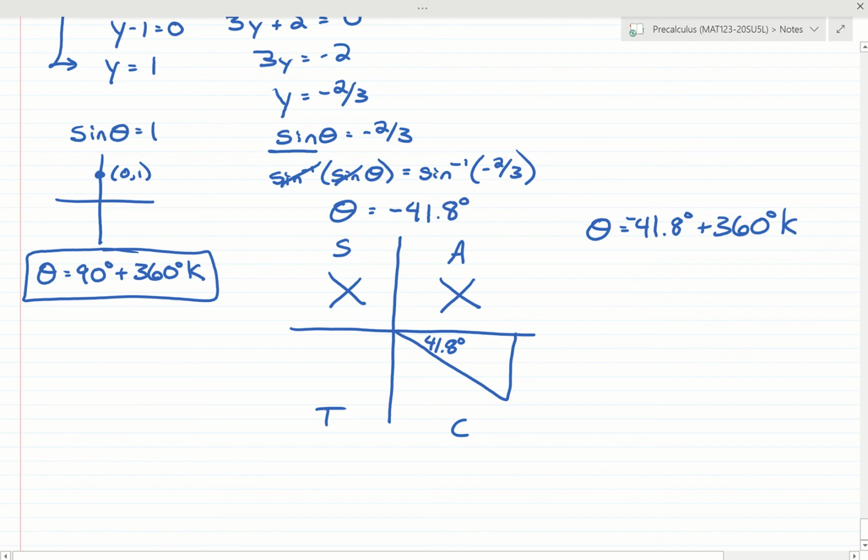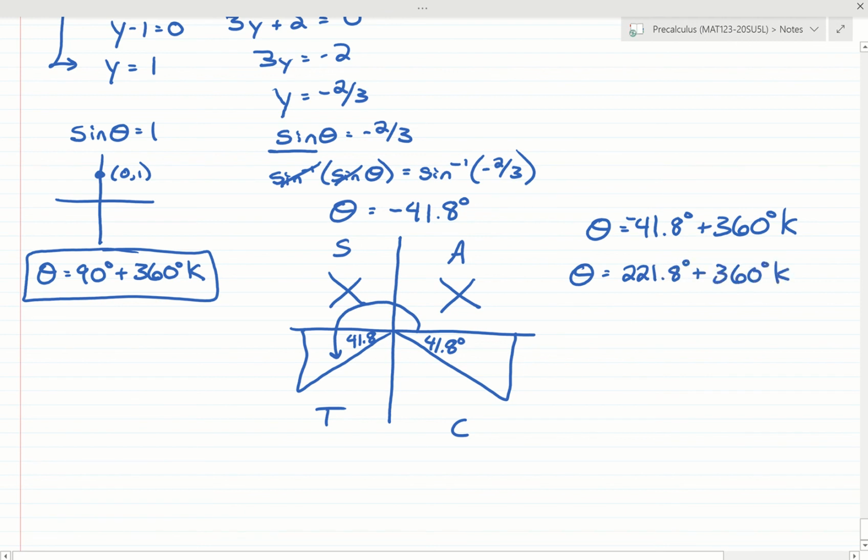The way we get the other answer is we draw that reference angle in the 3rd quadrant, 41.8. This angle would be 180 plus 41.8, which is 221.8 degrees, plus the period.